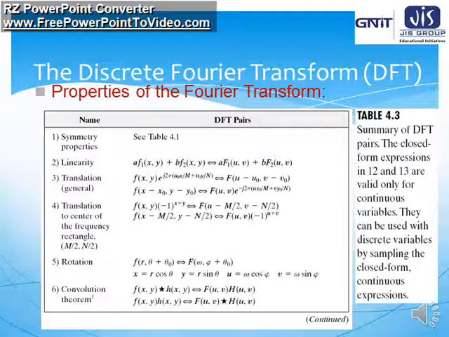So all these summarize the DFT pairs. The closed form expressions here are valid for continuous variables. They can be used with discrete variables by sampling the closed form continuous expression.